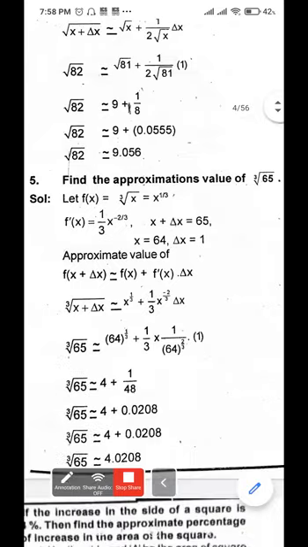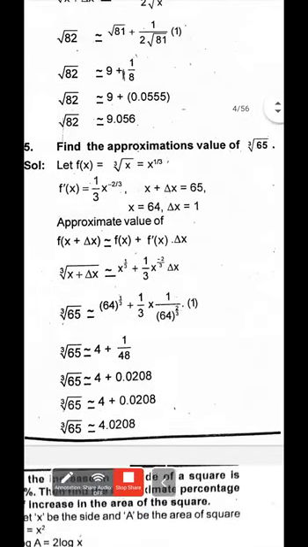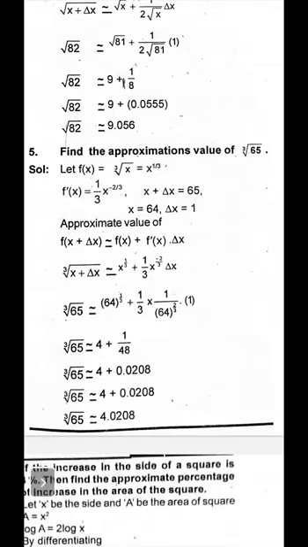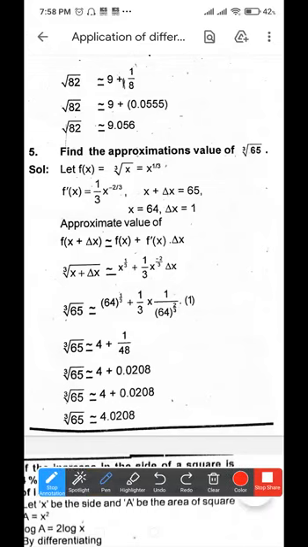Next, find the approximate value of cube root of 65. We can write cube root as x power 1 by 3. Now what is the formula for x power n?